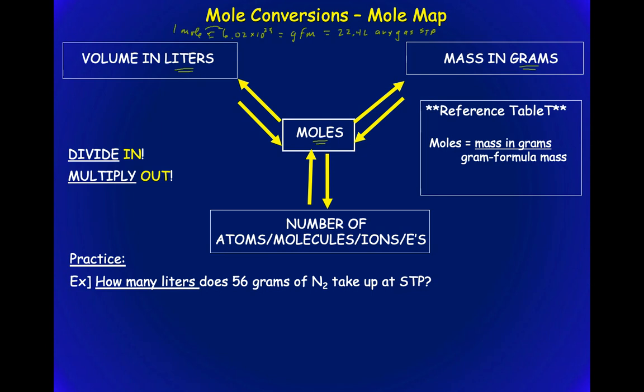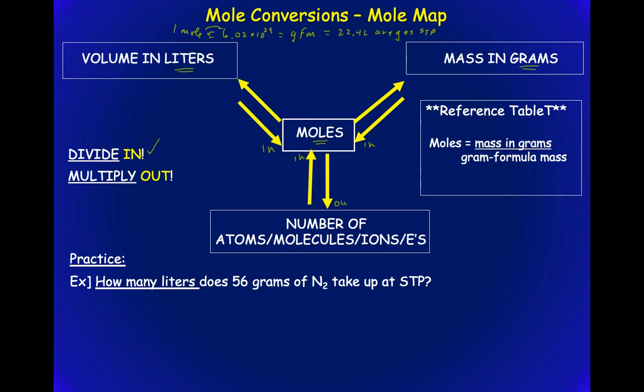Whenever you go into the mole from the outside, so if you're going from liters to moles or grams to moles or number of particles to moles, so you're following these in arrows, whenever you go in, you're going to divide by something. And if you're going out from the mole, you're going to multiply out.